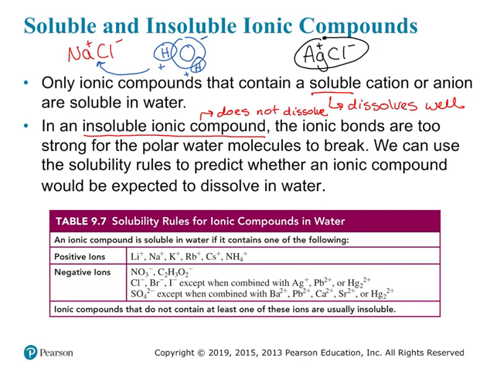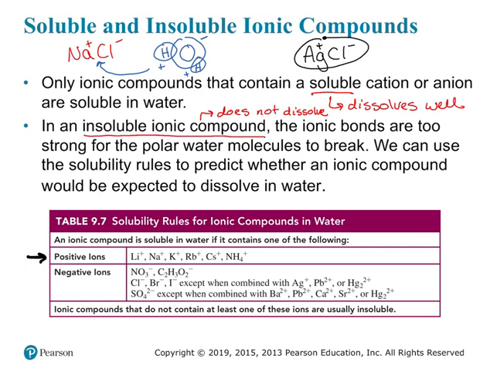So chemists were able to come up with some trends or rules for determining whether an ionic compound can dissolve or not. These are called solubility rules. Down below, we have a pretty simple chart, table 9.7. Basically, this shows all of the soluble ions, so things that can dissolve in water.